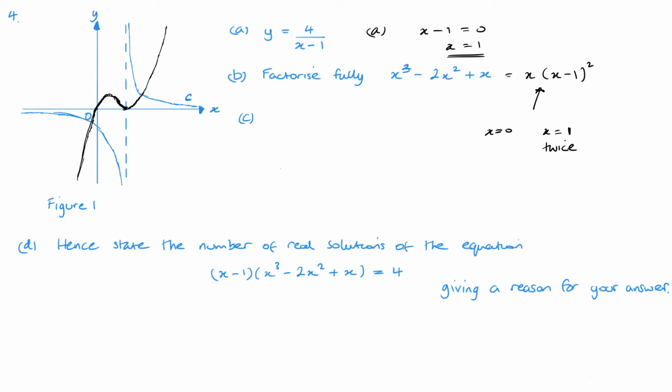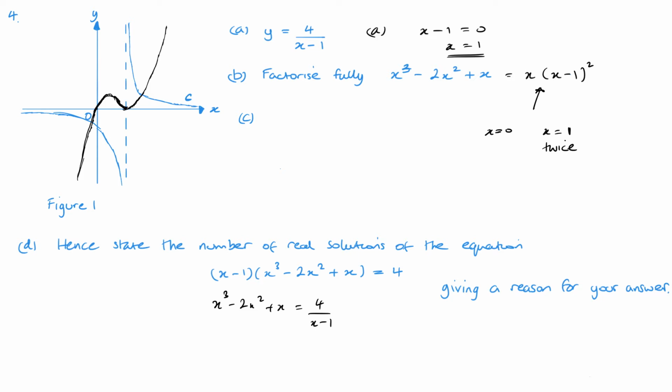Now, part D I've just stuck on here, so we got like, hence state the number of real solutions when this is multiplied by this, and it equals 4. So if we rewrite it, it's x cubed minus 2x squared plus x equals 4 over x minus 1. 4 over x minus 1 was the original, and this is that new one, the one I've drawn in black.